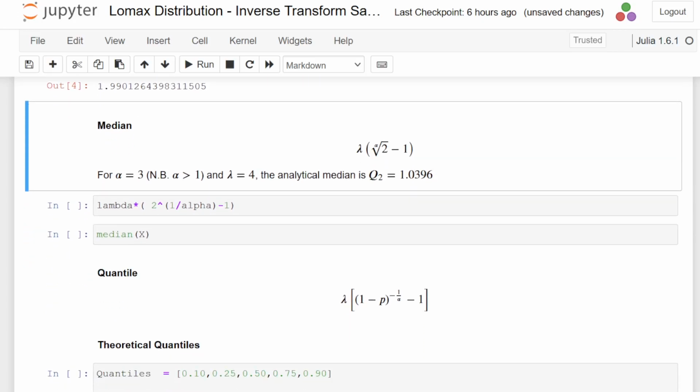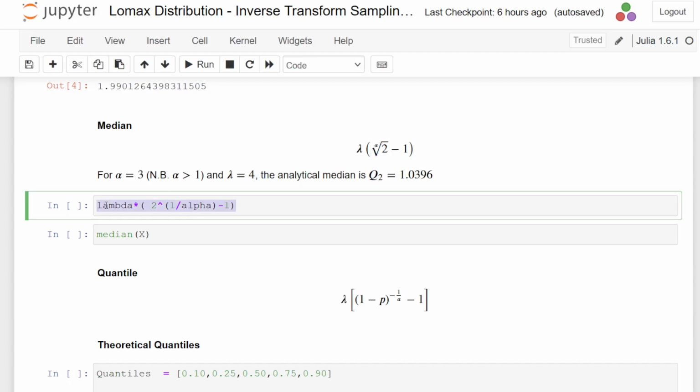The analytical value of the median is equal to lambda times the alpha root of 2, minus 1. So in this expression in brackets, this is 2 to the power of 1 over alpha. And then we subtract 1 from that and multiply the whole thing by lambda. Now the analytical median should equal 1.0396.